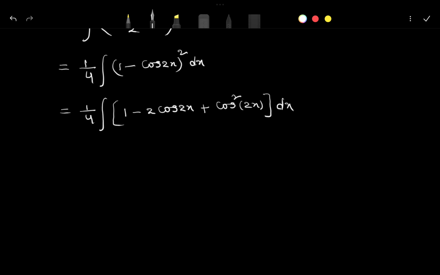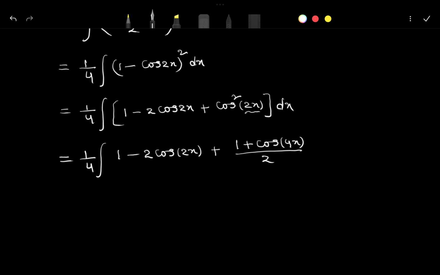Again we have a square in this, so using the same formula, 1 by 4 into the integration of 1 minus 2 into cos 2x. You know cos square x can be written as 1 plus cos 2x by 2, but in place of x we have 2x, so you can write 1 plus cos of 4x whole divided by 2, into dx.